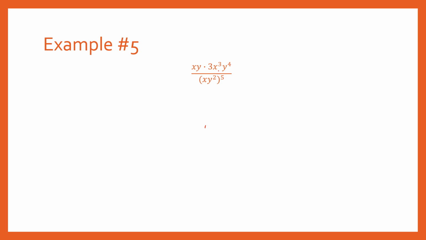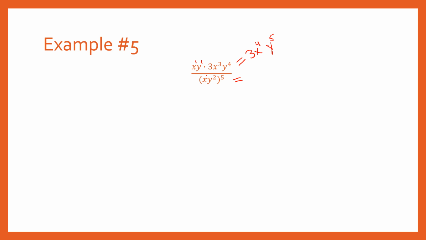Okay, so the product rule tells us that we add them. So this is x to the first, and this is y to the first. When we add that, the numerator is going to become, well, we keep our 3, and that becomes x to the fourth, and this becomes y to the fifth. That's because that's the product, but with the power rule, we know we have to multiply.